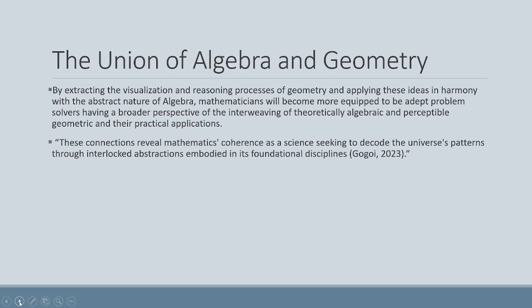In this way, mathematicians will become more equipped to be adept problem solvers, having a broader perspective of the interweavings of theoretically algebraic and perceptible geometric perspectives and their practical applications. These connections reveal mathematics and mathematicians' coherence as a science seeking to decode the universe's patterns through interlocking abstractions embodied in its foundational disciplines.